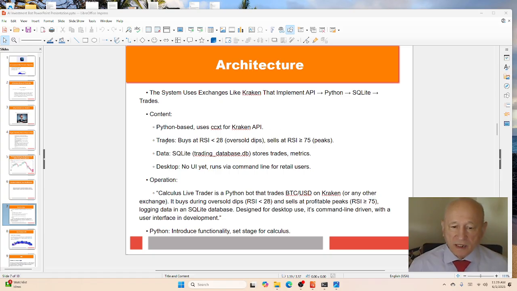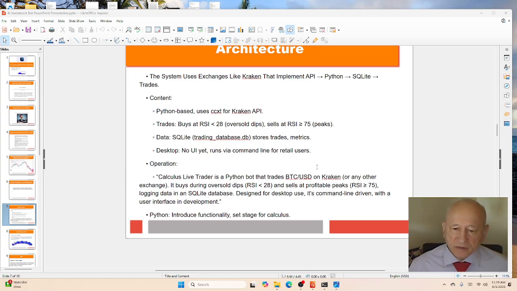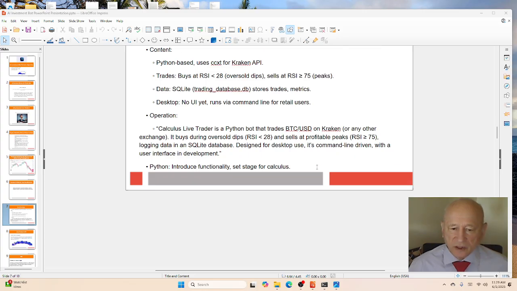It buys at RSI lower than 25, and sells higher than 75, for dips and bounces, or lows and peaks. SQLite is used as a trading database to store trades and metrics. The desktop doesn't have a UI yet, which I'll be working on. It runs via command line for retail users, and we can plan that for a later project to make an interesting, user-friendly UI.